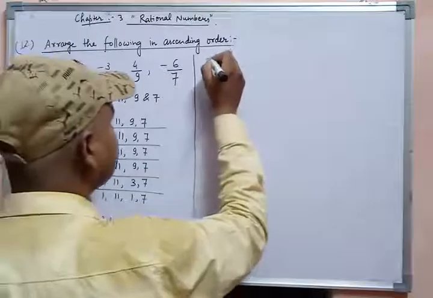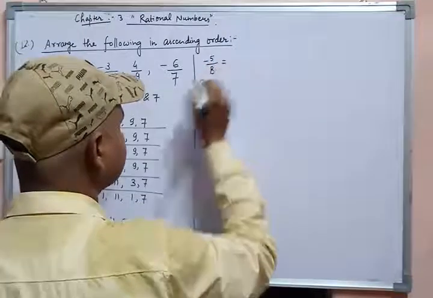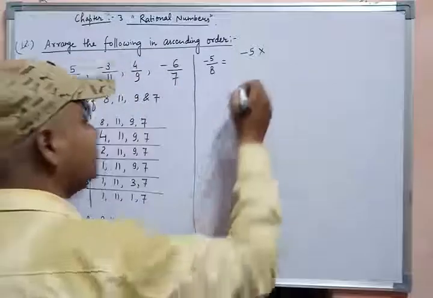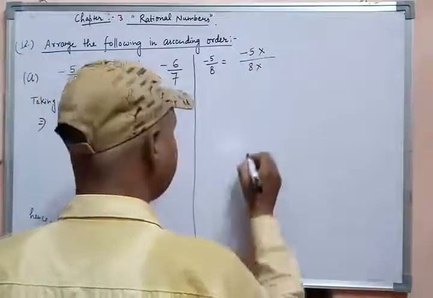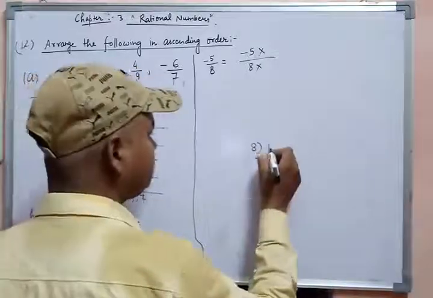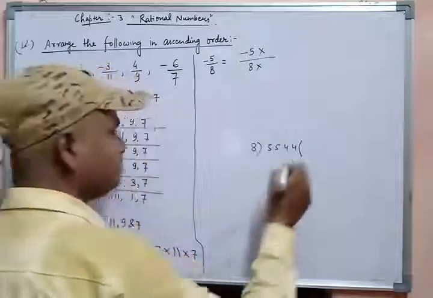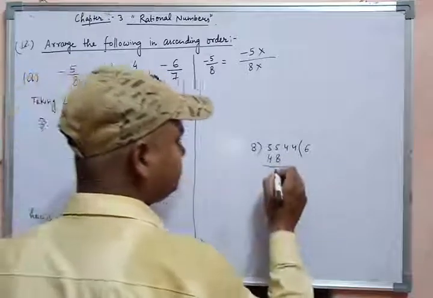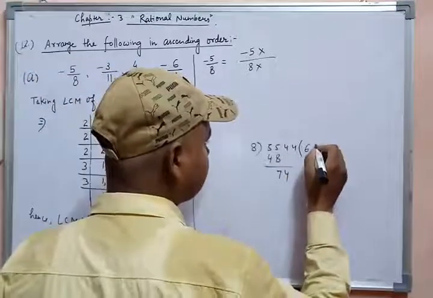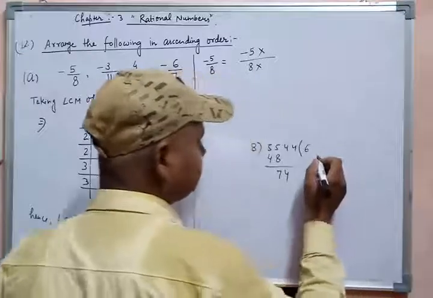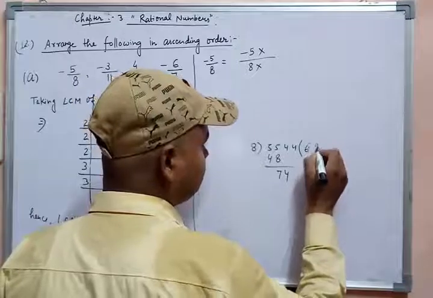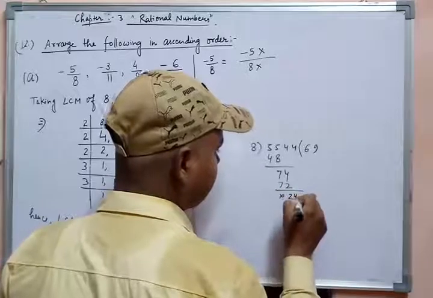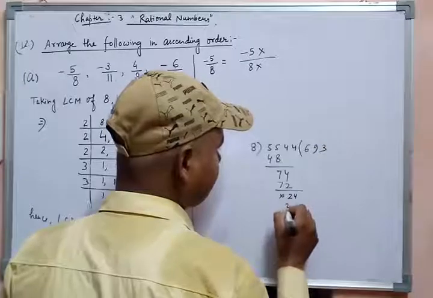So here we can write minus 5 upon 8 is equal to, if we multiply minus 5 upon 8 by, first of all we have to divide 5544 by 8. 8 times 6 is 48, then we will get 693.